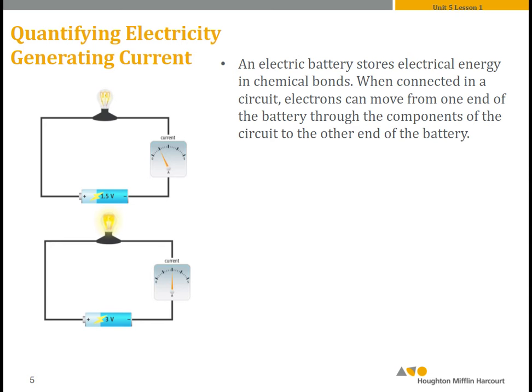When you create a circuit by attaching the positive end of the battery to the negative end of the battery, usually with some kind of a load in the middle, like a light bulb or a motor, then electrons can move from one end of the battery through those components, through whatever loads you put in there, to the other end of the battery.